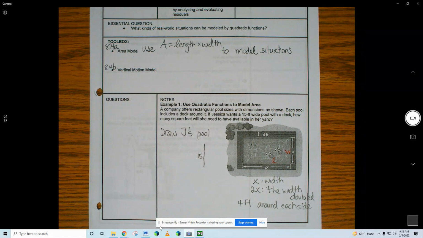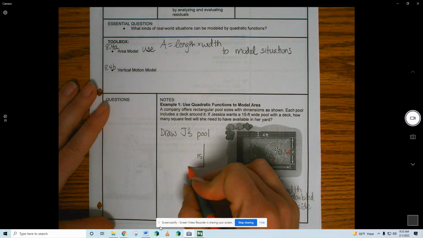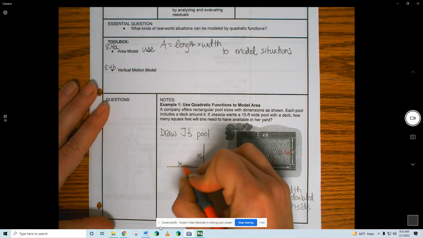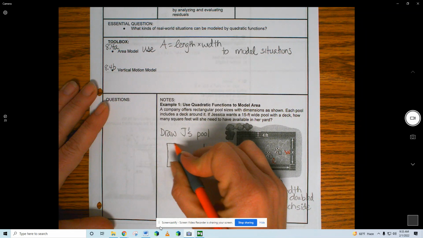So x and 2x. If she wants it 15, what does it have to be long? Because it's double, right? Double 15. So now draw a little bit longer line and label it 30. So here's her pool.